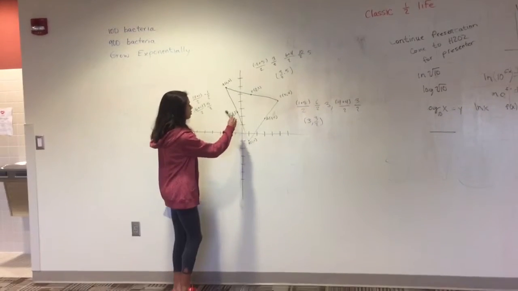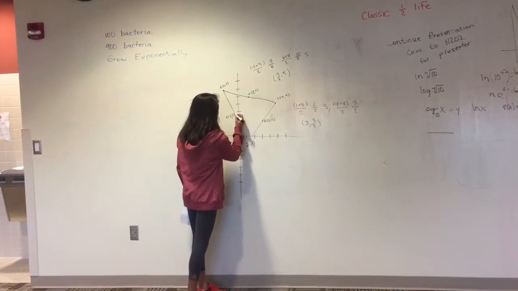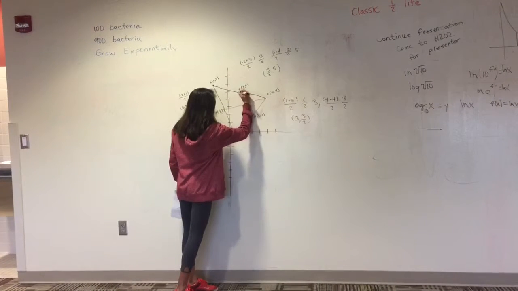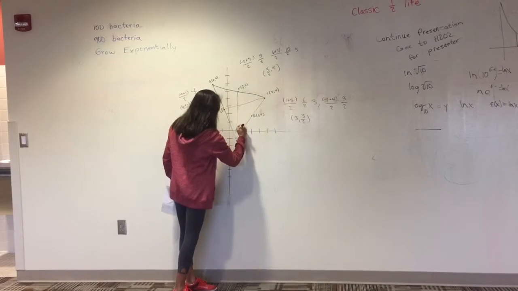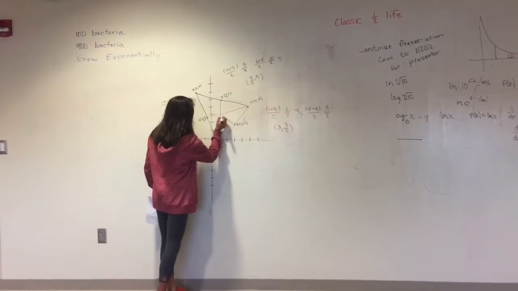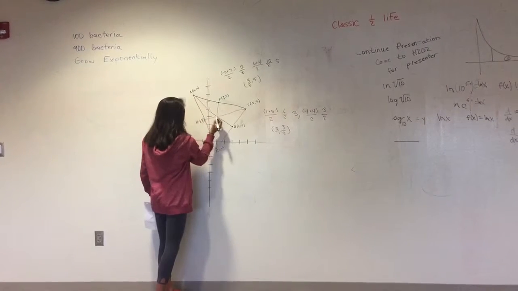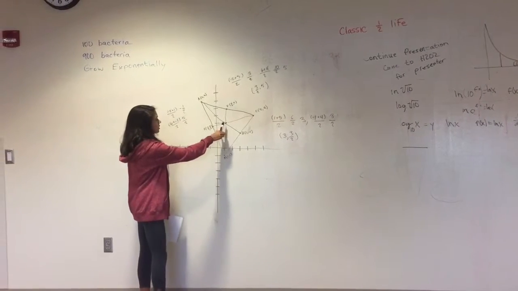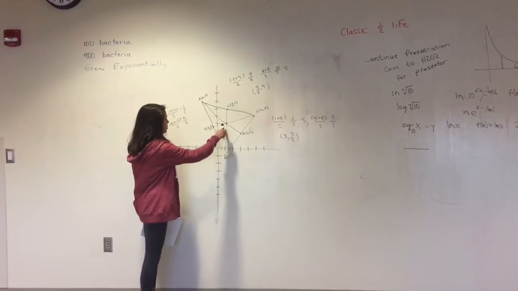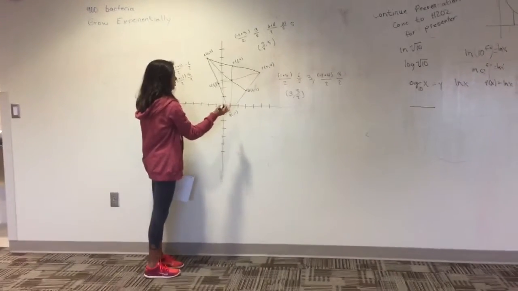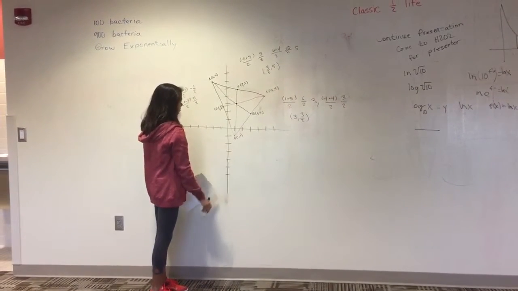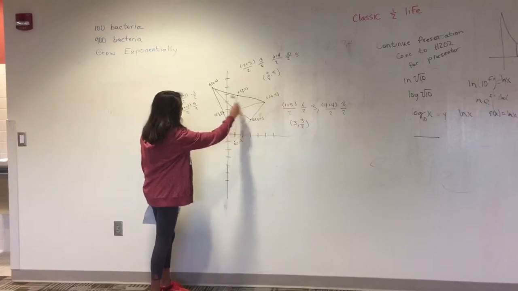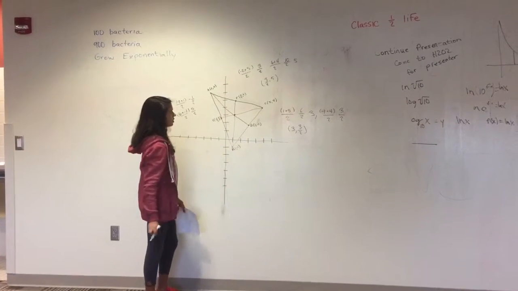Alright, so after you find all your medians, then you're going to connect it to the opposite vertex across. Where they all cross is the centroid. And since the centroid is in the middle of all these, you're going to add up each of the vertexes and then divide it by 3 because that's how many there are.